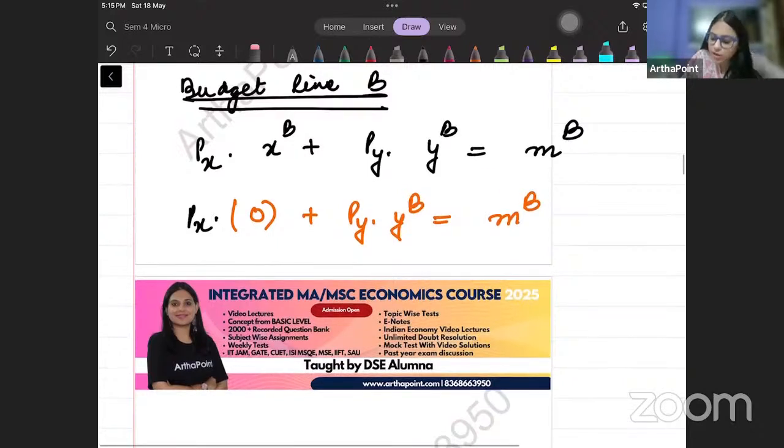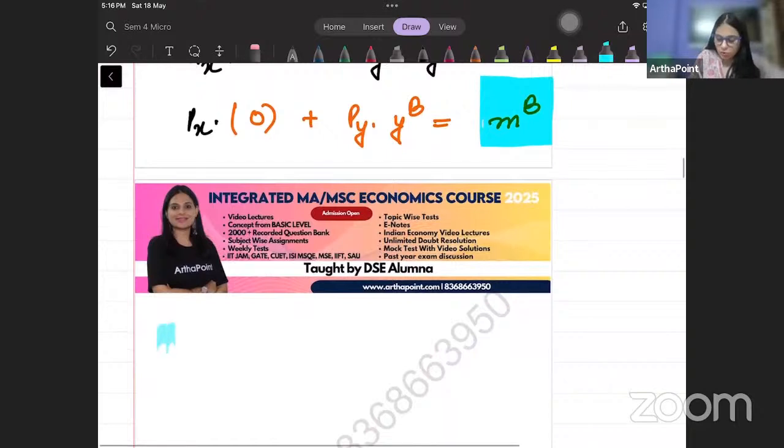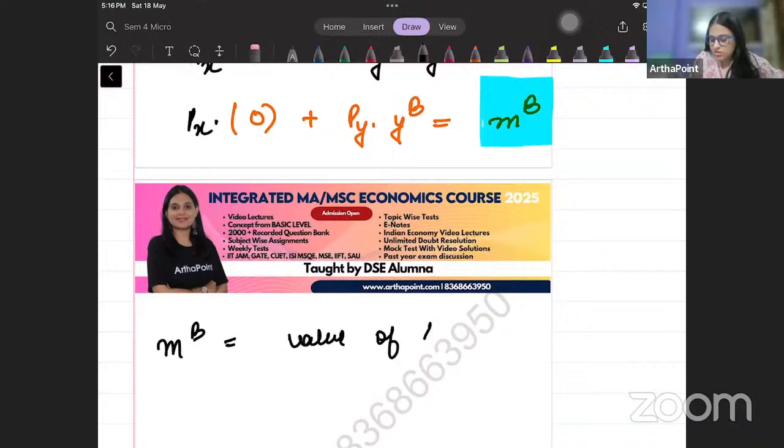How can you find income of individual B? Individual B का income हम कैसे निकाल सकते हैं? Very simple. The income of individual B can be written as the value of his endowment. उसकी endowment की जो भी value है.